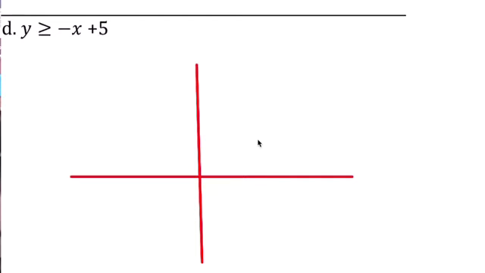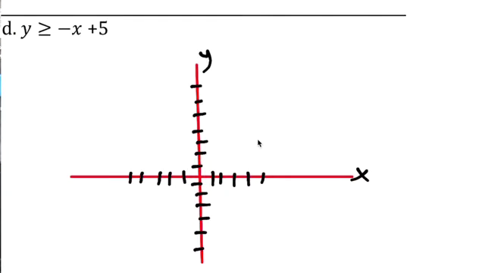Y-intercept is at 5. So 5 is right here. These are your negative numbers.